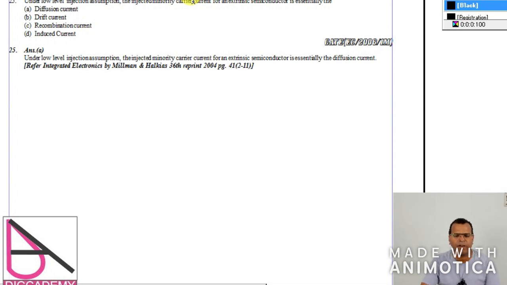Why? Because at the point of illumination there is generation of electron hole pairs. This generation of electron hole pairs results in diffusion of the carriers. So under low level injection, the injected minority carrier current for an extrinsic semiconductor is essentially diffusion current because of the concentration gradient due to illumination.